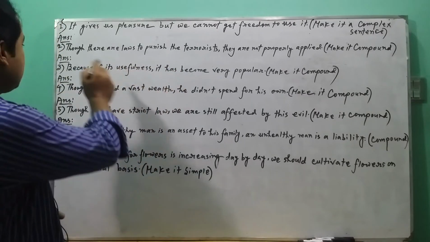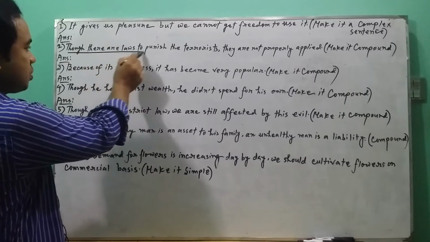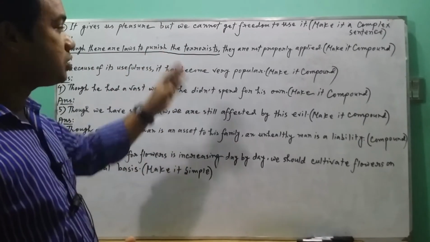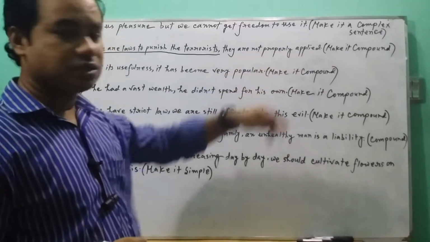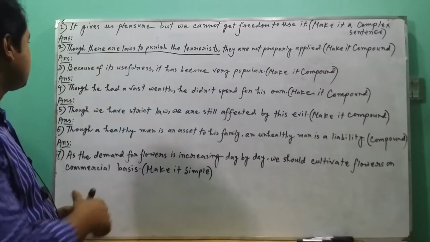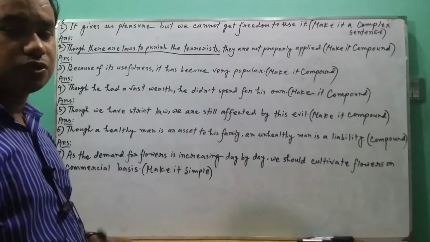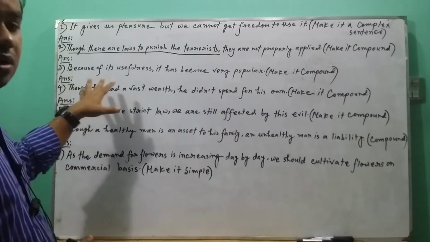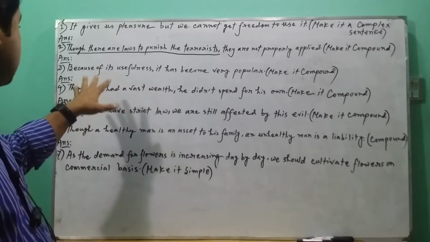As you can see, here is a subordinate clause and we have the main clause. The subordinate clause begins with though, although, even though, so this is a complex sentence.